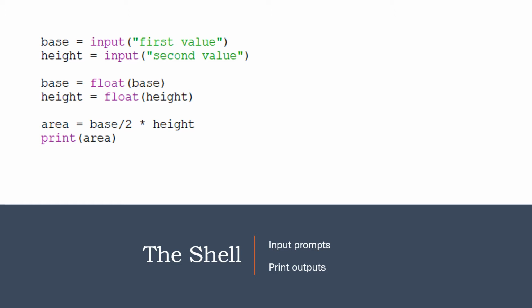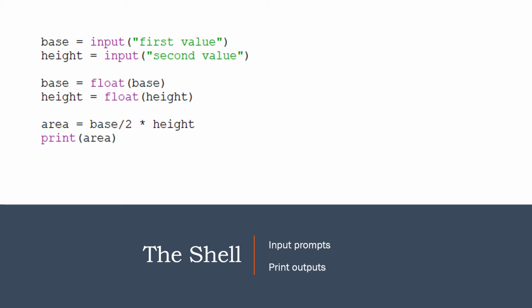This program calculates the area of a triangle. Base and height are input. That's the input part of IPO. Area is calculated as half the base multiplied by the height. That's the processing part. And then the area of the triangle is output.